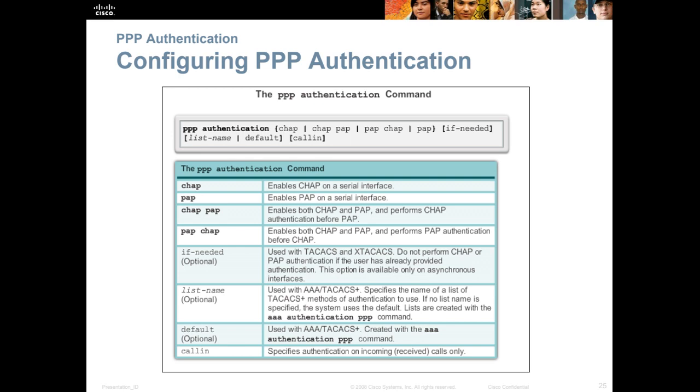These are the configuration options. Please have a look at them. We have CHAP, PAP, CHAP, PAP. You can have them together, but CHAP will be performed before PAP. Here, PAP will be performed before CHAP. Okay.